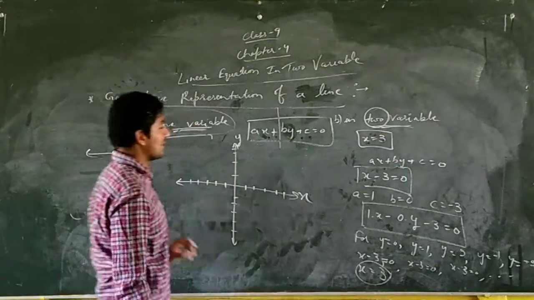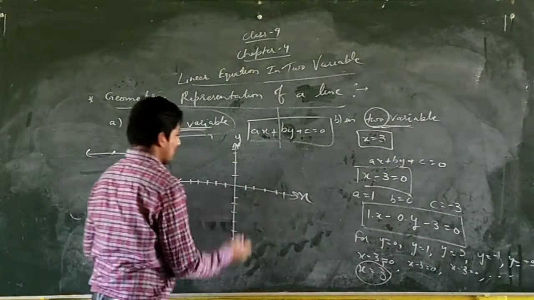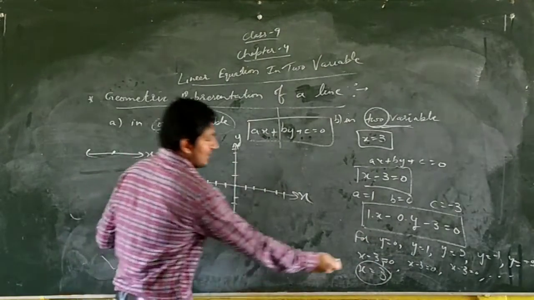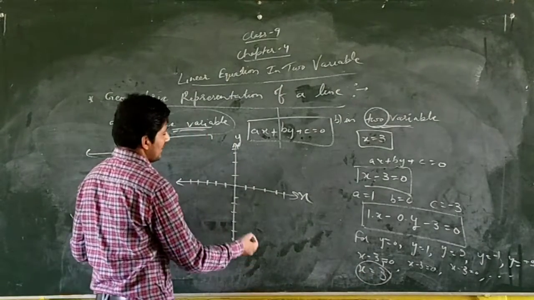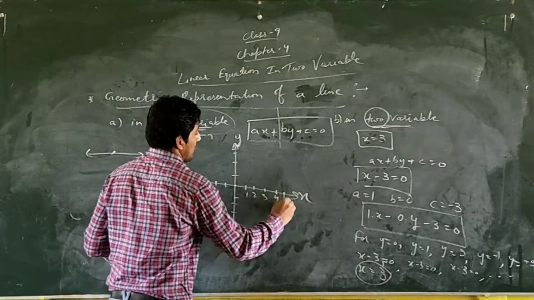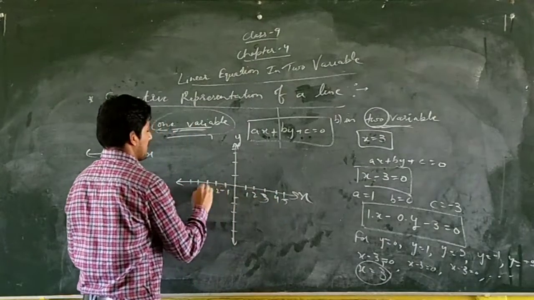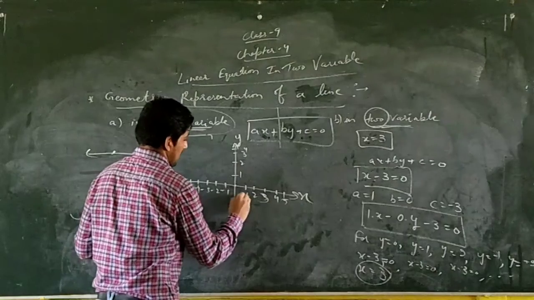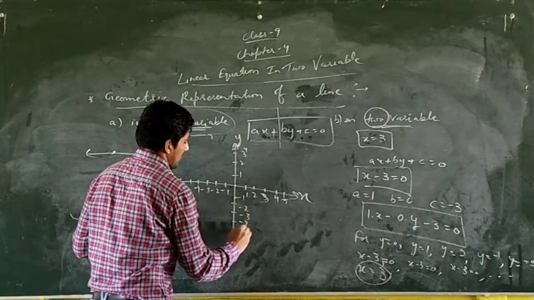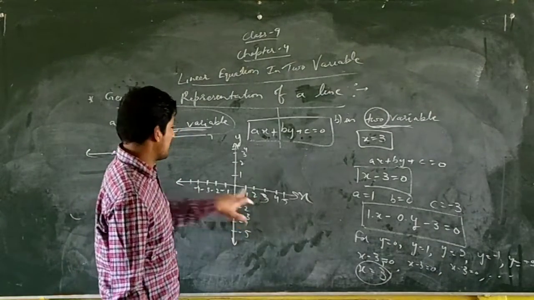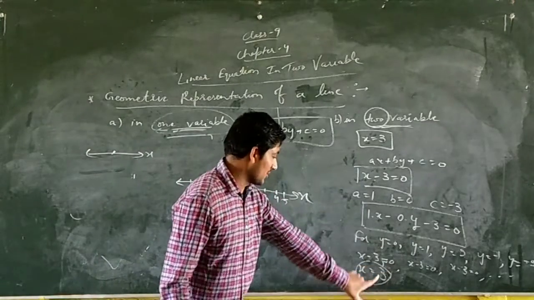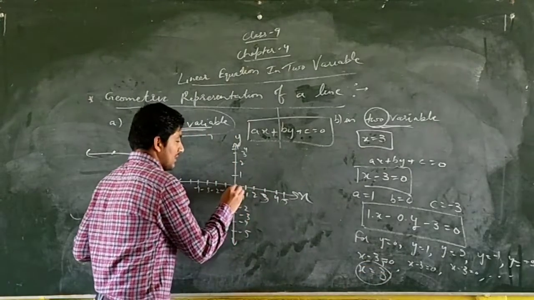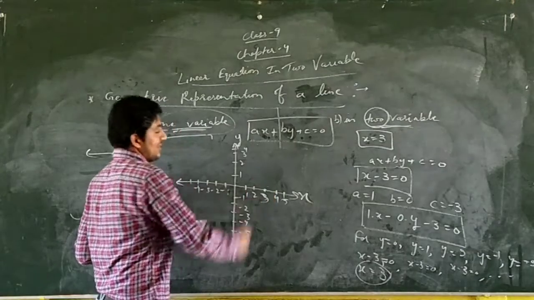Now represent them one by one. We replace y is equal to 0, we get x is equal to 3. Where is 3? This is 3. For y is equal to 0, x is equal to 3.